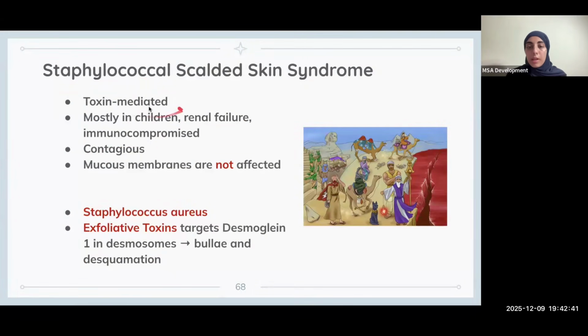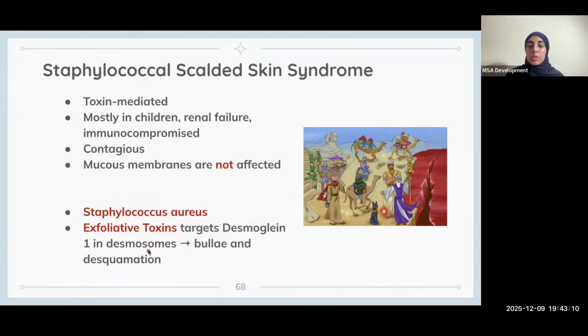This is toxin mediated. And remember how in the bullous impetigo we talked about the exfoliative toxin by Staph aureus, and it's what gives you the bulla. The same toxin, the exfoliative toxin, is also seen in Staph scalded skin syndrome, and it's what causes the sloughing off. So again, exfoliative toxin destroys the desmosomes by targeting desmoglein 1, which is part of desmosomes.